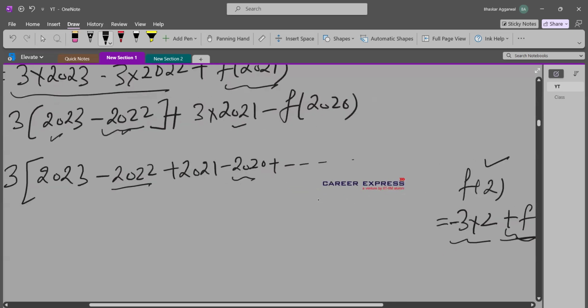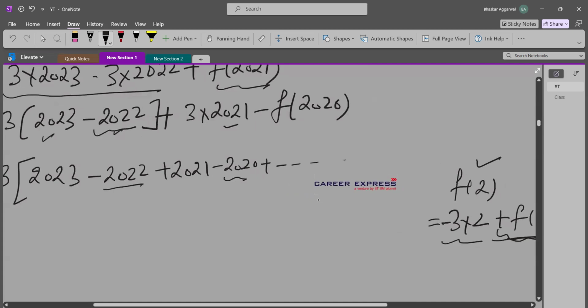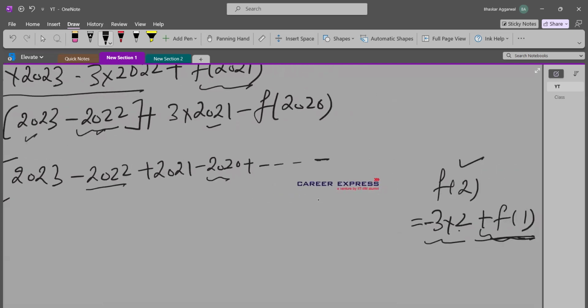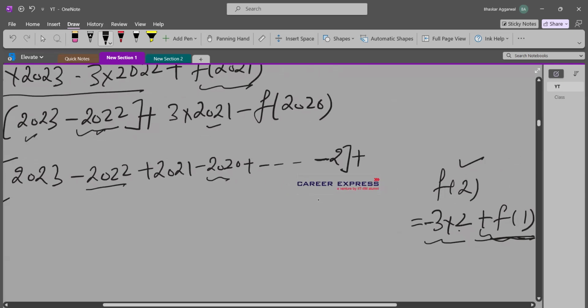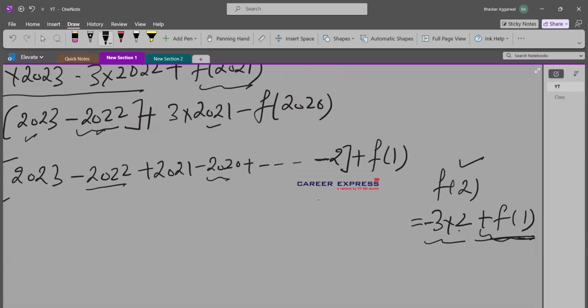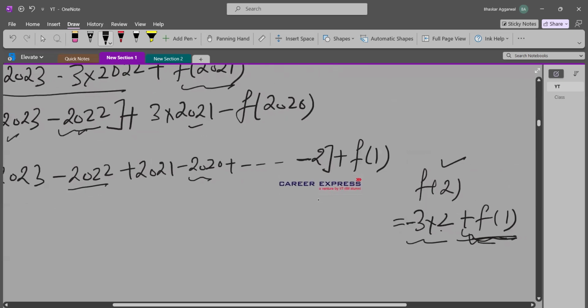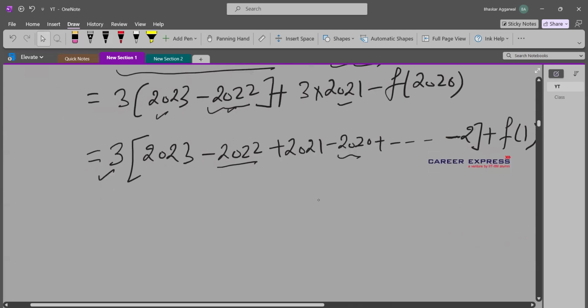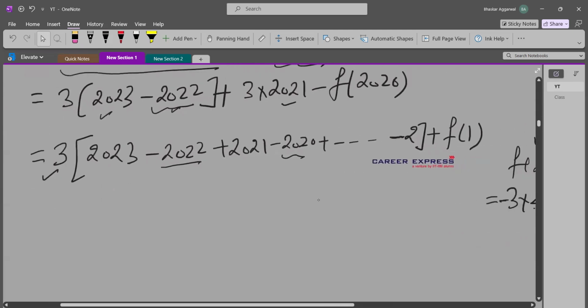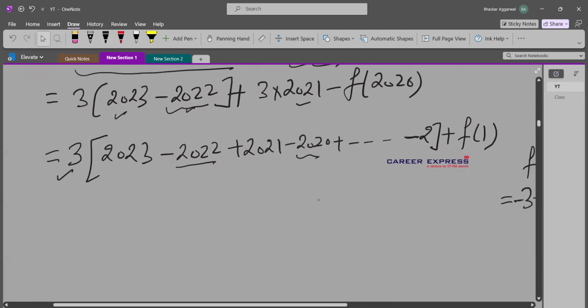So when I complete this series, 3 is already here, I will have to only put 2 with a minus sign. And then f1 will be outside this bracket because f1 is not a multiple of 3. So that's how we have written this series. Now we need to add this series to get to the answer.